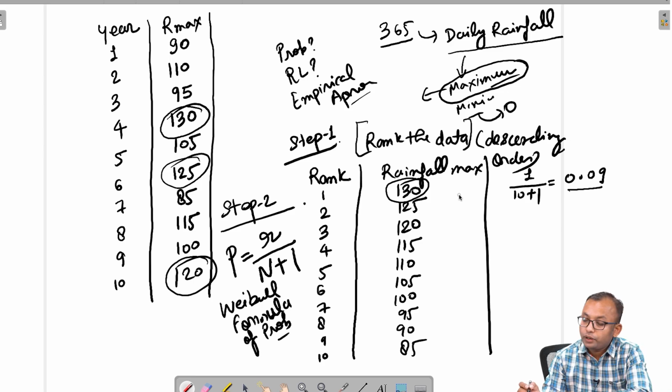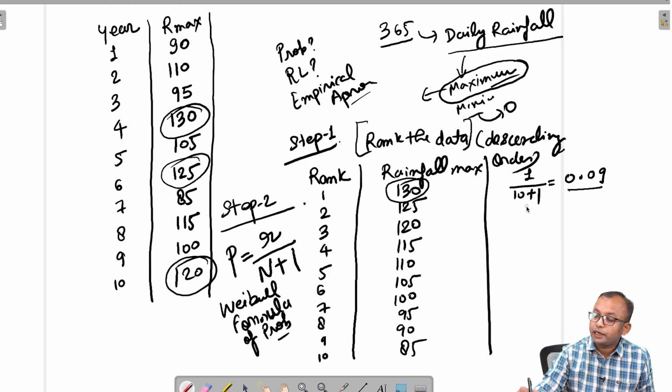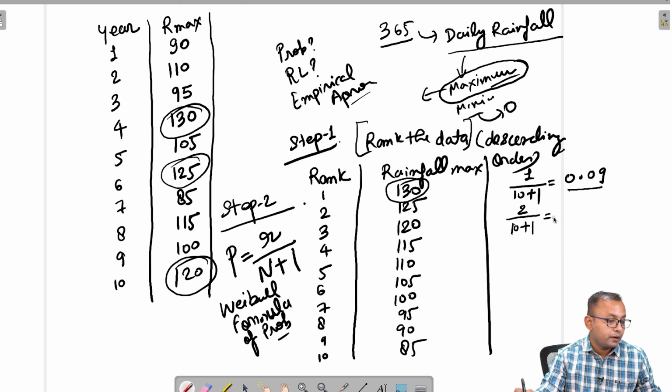Similarly, you can calculate the probability of the second rank, which is 2 by 10 plus 1, that is 2 by 11, coming out to be 0.182.